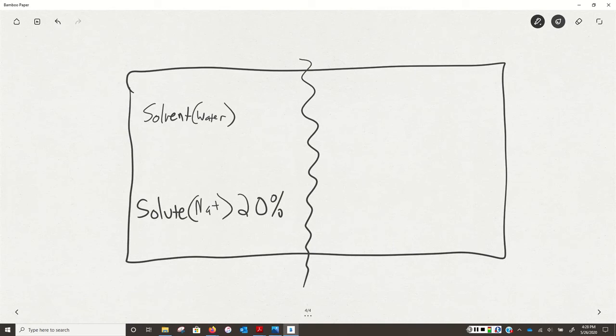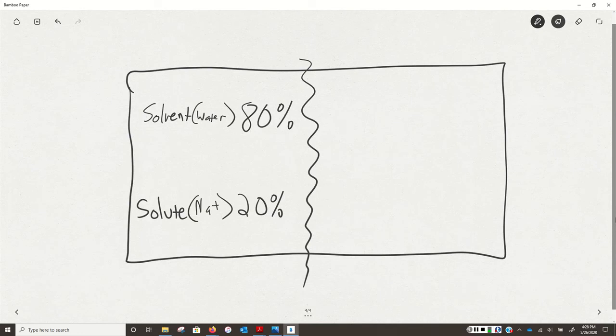The rest of it is the solvent, typically water. So how much water is there? Well, there would be 80%. There's always going to be 100% of solution. Whatever type of solution it is, in this case 20% sodium solution, that tells you how much solute there is. The rest is always going to be the solvent.